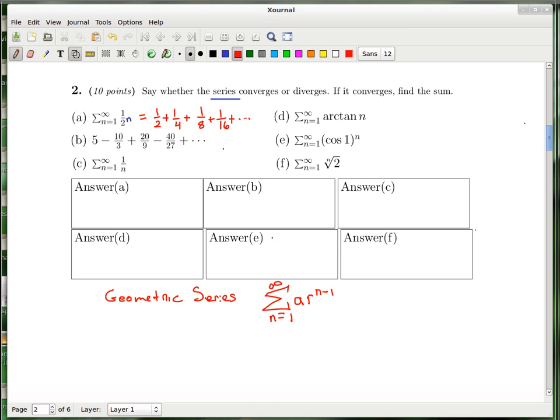Okay, so in what way is a here a geometric series? How can I think of it as a geometric series? So maybe, what happens if I let this run?